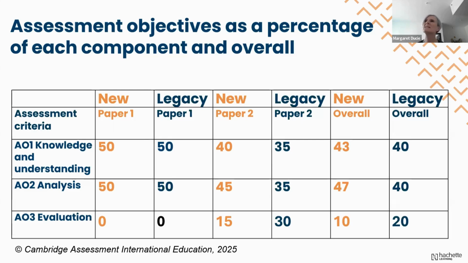And it just shows there's been a greater emphasis on knowledge and understanding and on analysis. And I'll go through each paper separately, but paper 2 is where most of the changes are. So as you can see there, it's only 15% now in the new paper 2 for evaluation as compared to 30% in the legacy paper.